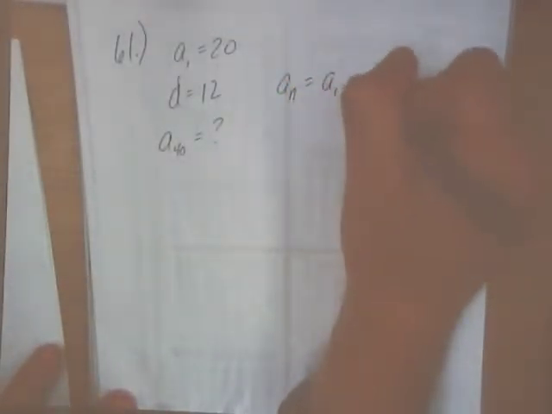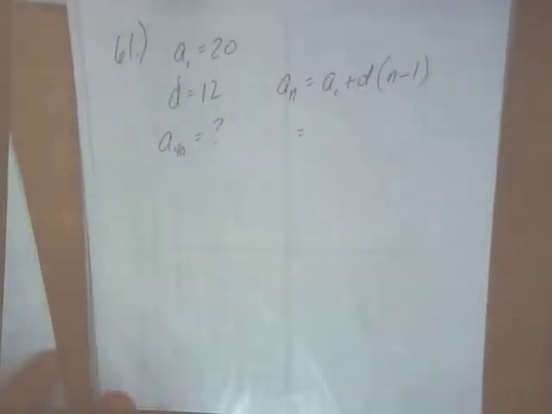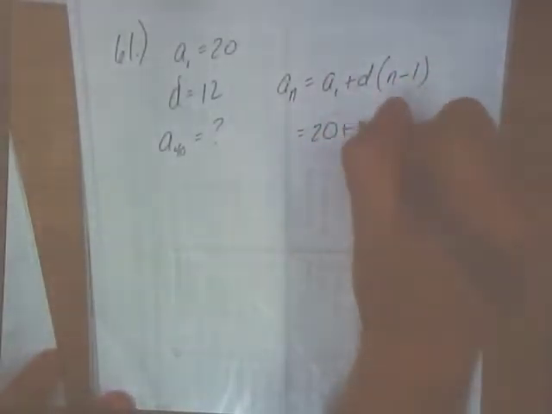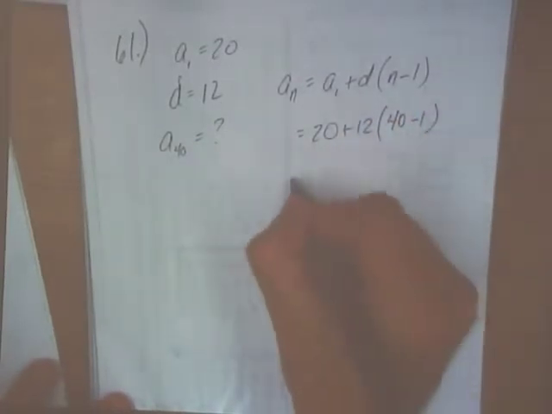Okay, so we know that A sub n is equal to A sub 1 plus D times n minus 1. So we got 20 plus 12 times 40 minus 1.